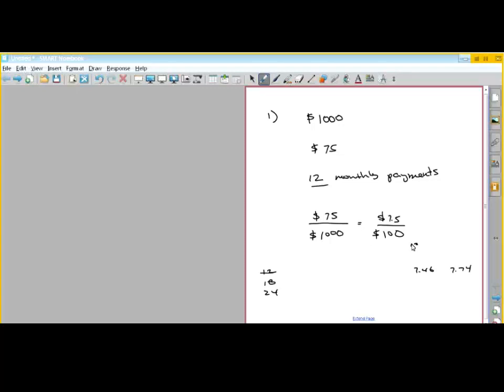And up here in the percentages, you have 13.5% and 14%. So since we have $7.5 per 100, that corresponds really close to that number, and then therefore we use 13.5%.